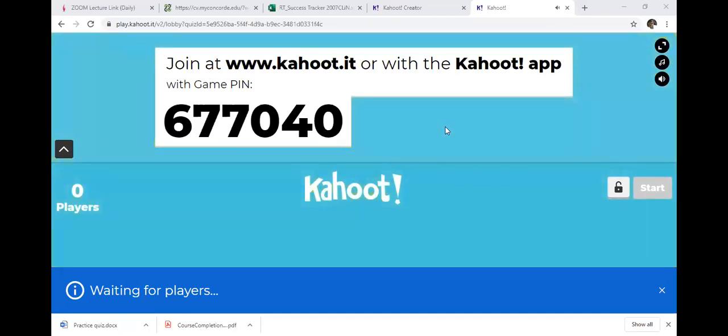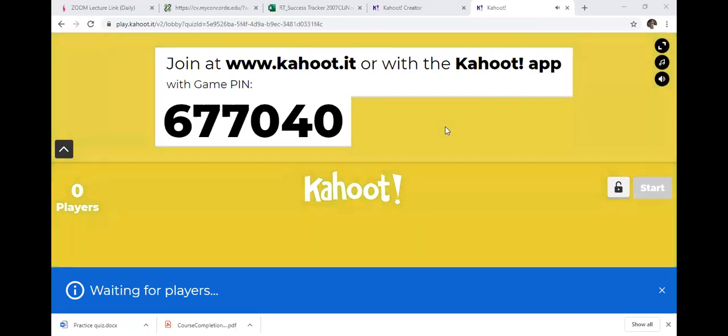Or if you have 2 devices, like if you're looking at Zoom on your phone and you have a laptop, log in with your laptop. Either one. But don't worry about leaving Zoom. And as you log in, everybody will see you pop up on the screen as logged in.